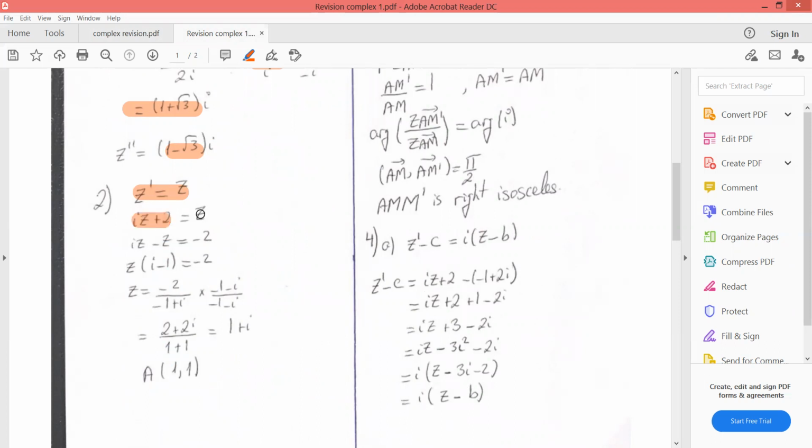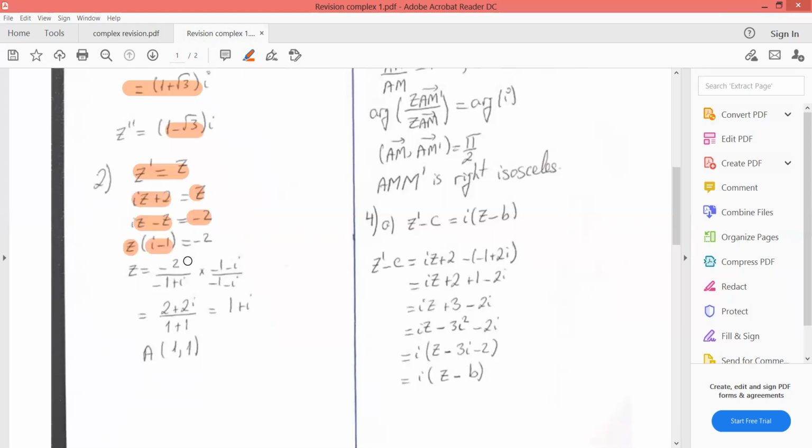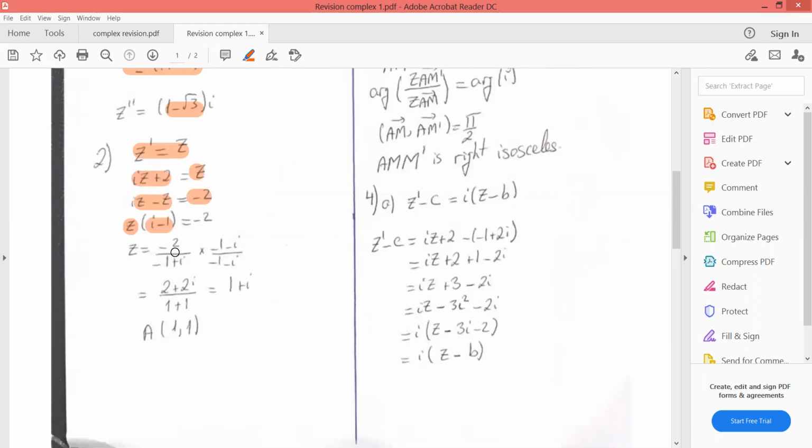equal z. Okay? Z to one side: iz minus z equal minus 2. We take z common: z into i minus 1 equal minus 2. Z equal minus 2 over minus 1 plus i.